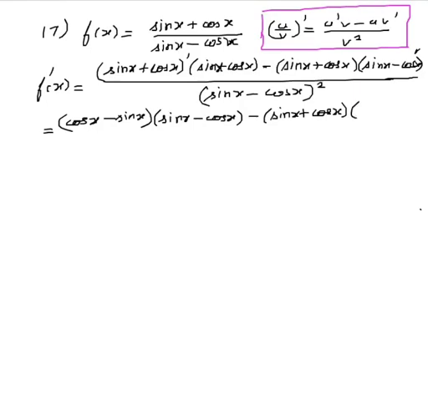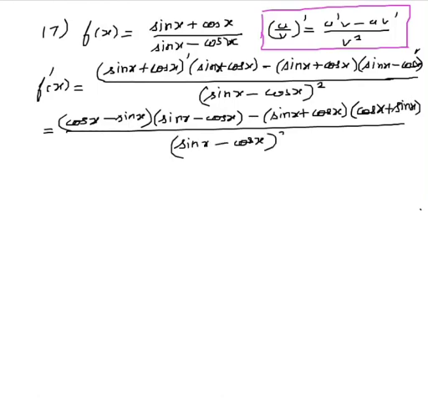Let us differentiate this term. Differential of sin x is cos x and differential of cos x is minus sin x. So minus of minus will become plus sin x, divided by (sin x minus cos x) squared.